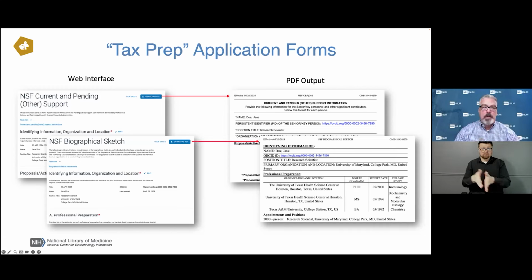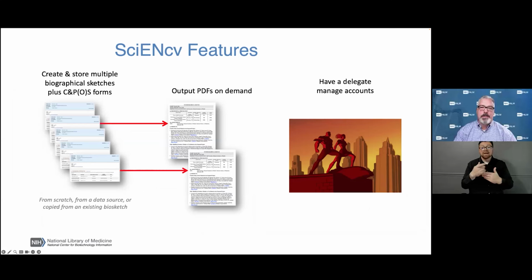SciENcv operates in the same way. It's a tool to help grant applicants pull information in, fill out the form, then create the form as a PDF that gets submitted as part of the grant application package at research.gov. So think of it like that, and you'll understand where we're coming from.